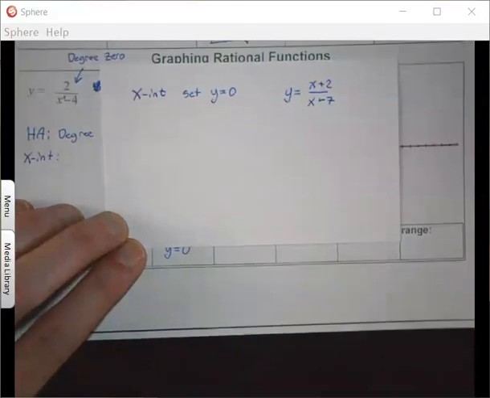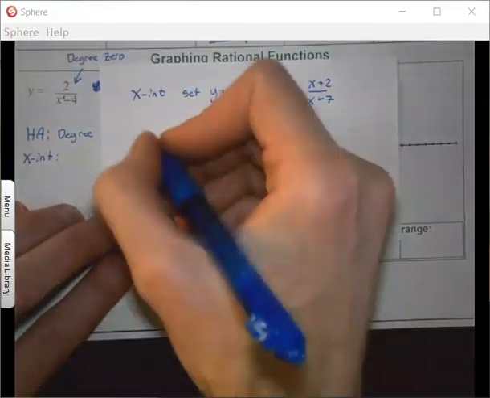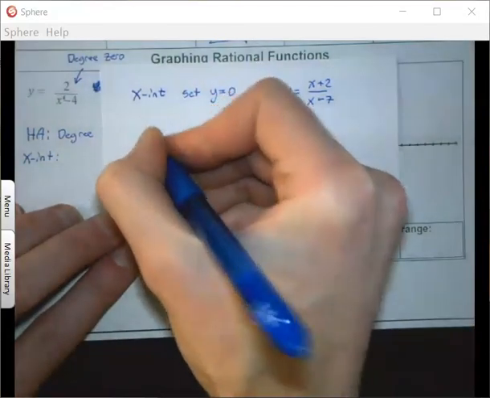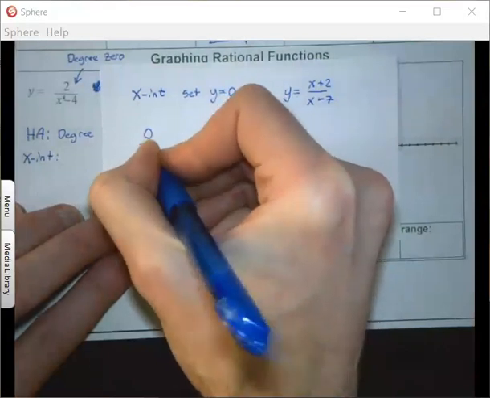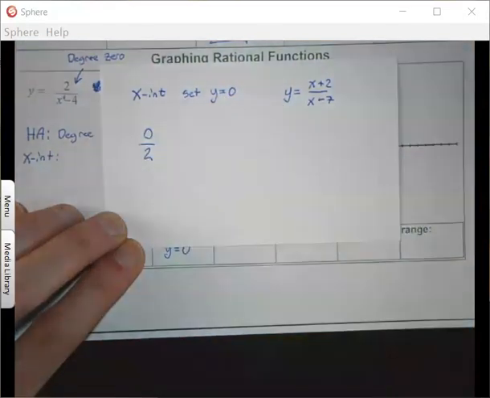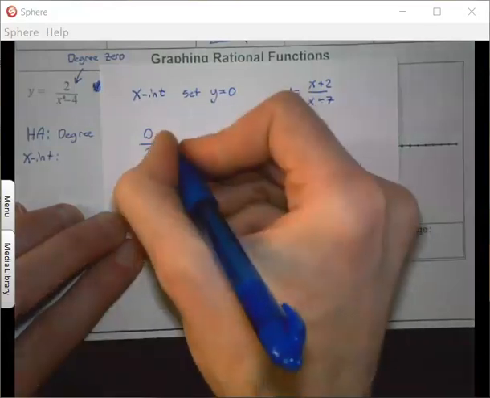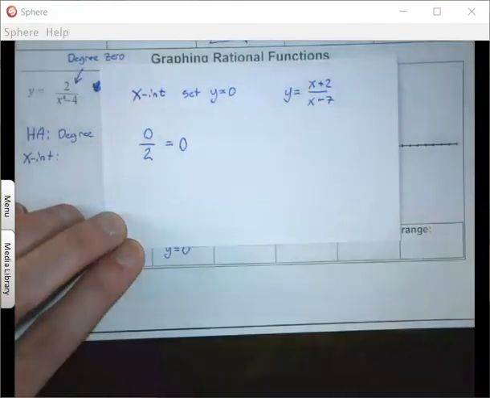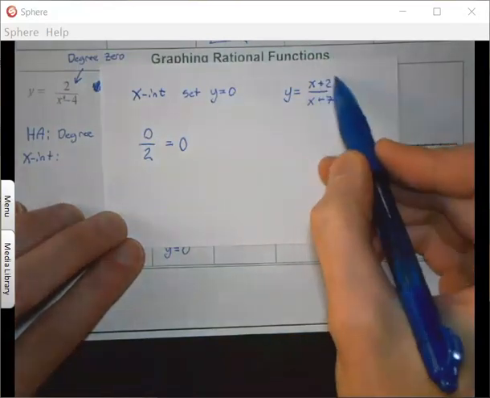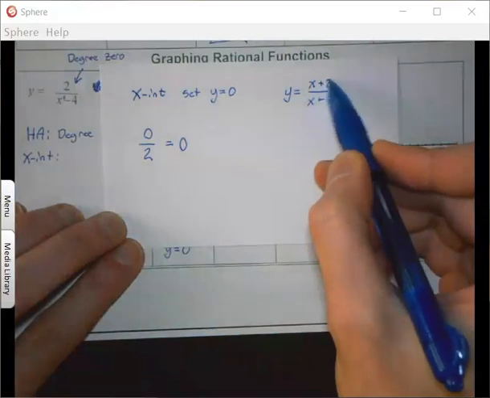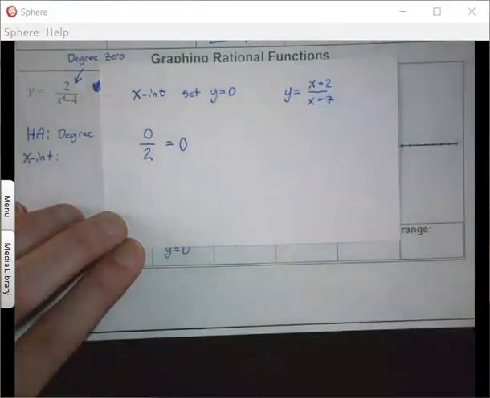but we can use that we know 0 divided by almost anything, so 0 divided by 2, is equal to 0. So as long as our numerator is 0, this entire thing will be 0.